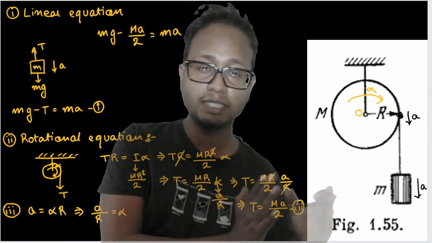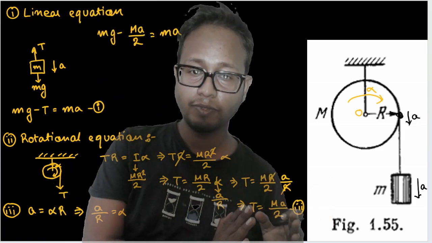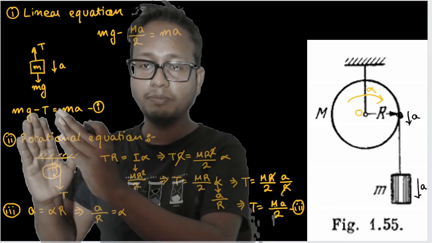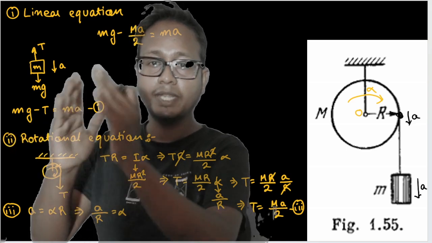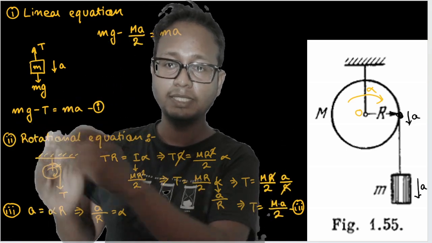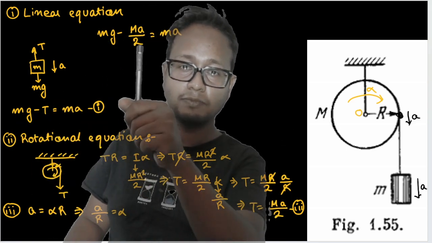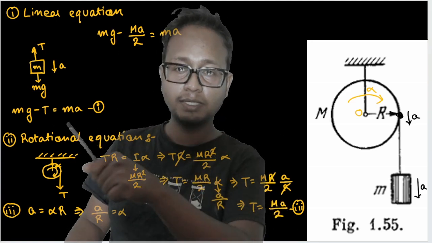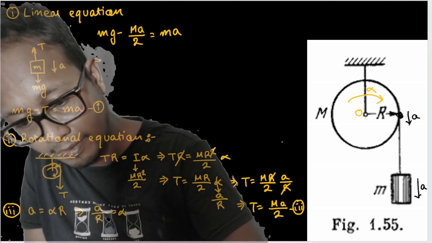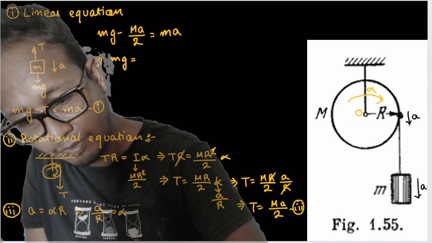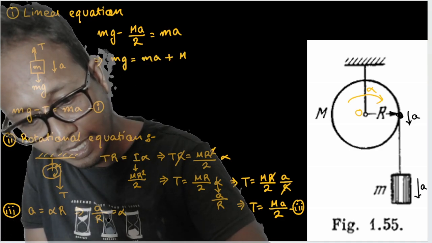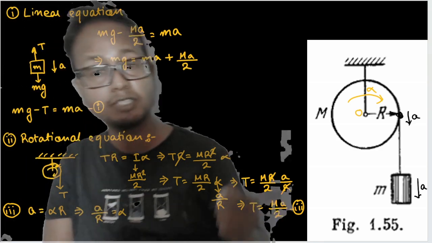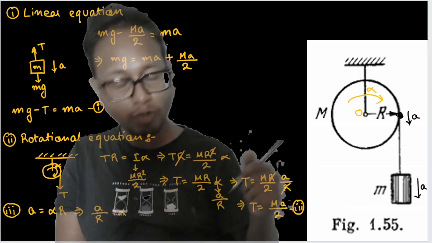What I did out here is I just took this value of tension T and replaced it here, and we get mg minus T, where this T is the tension force obtained out here, is equal to mass into acceleration, isn't it? So if I send that across, mg is equal to m a plus capital M A by 2, where capital M is the mass of the cylinder and small m is the mass of the block.